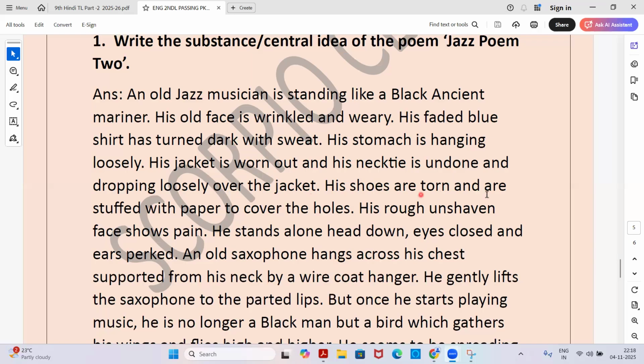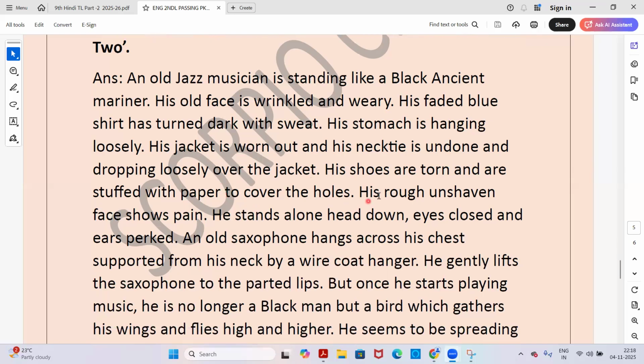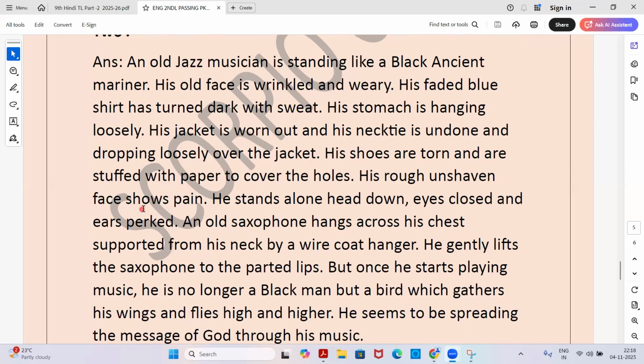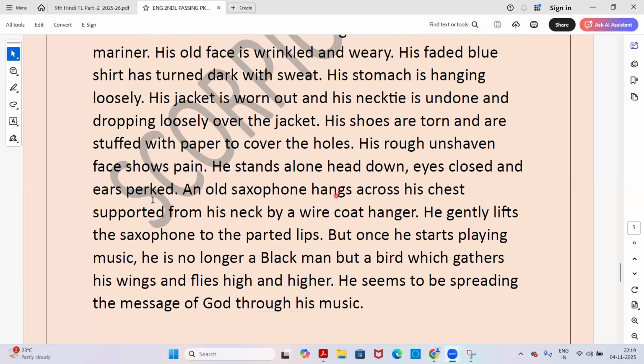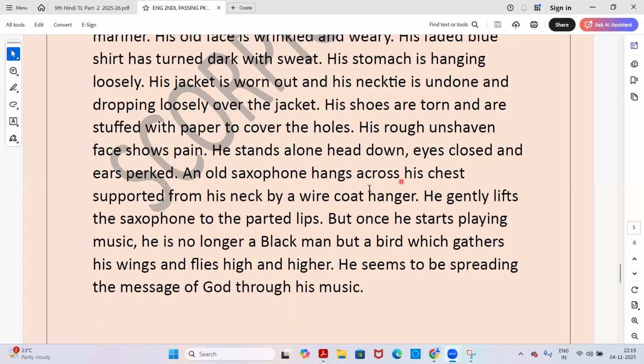His shoes are torn and are stuffed with paper to cover the holes. His rough, unshaven face shows pain. He stands alone, head down, eyes closed, and ears perked. An old saxophone hangs across his chest, supported from his neck by a wire coat hanger.